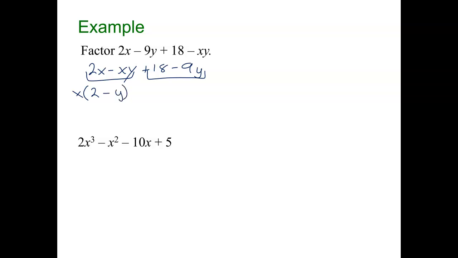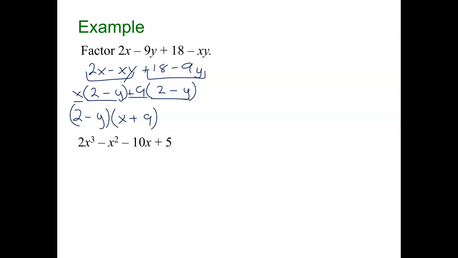What can I factor out of the second grouping? 9, which leaves me with 2 minus y. I factor out a 9. 18 divided by 9 is 2. 9 divided by 9 is 1. Now are these the same? Yeah. So now I can factor out 2 minus y, and that leaves me with x plus 9.